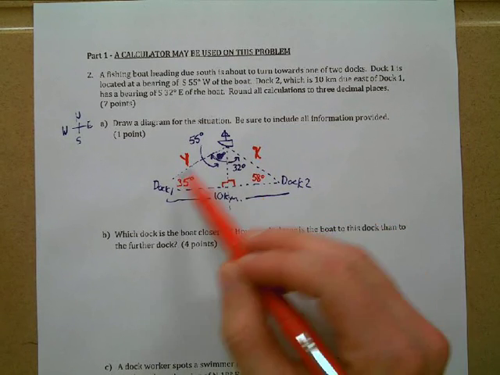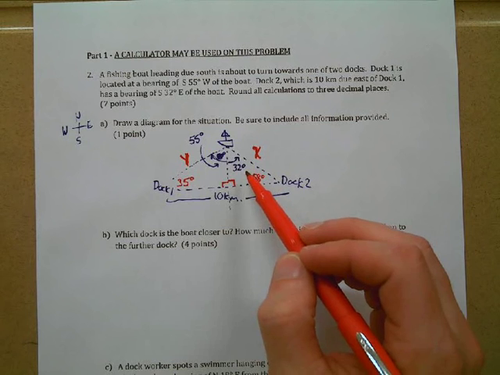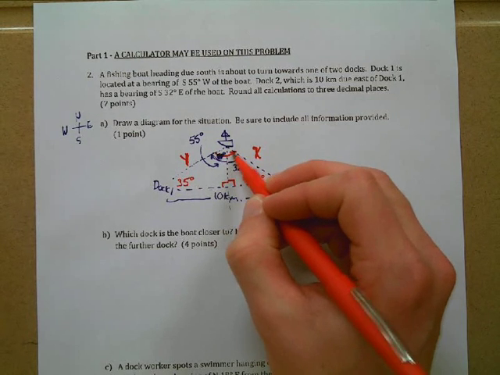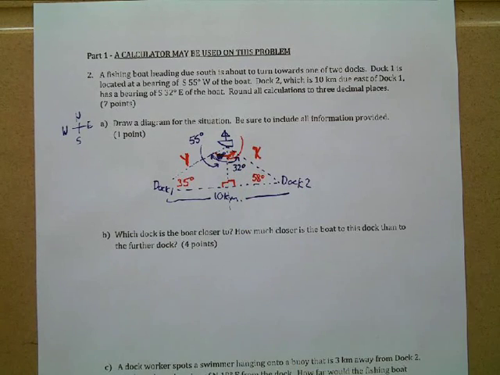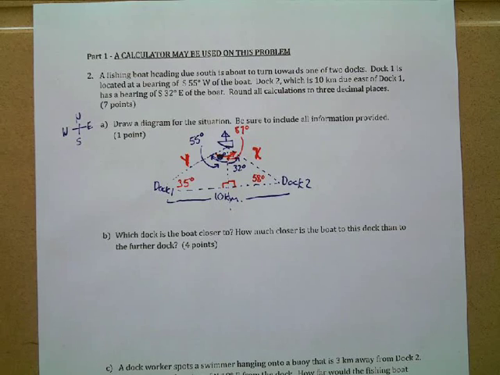Okay. And so now how might we be able to find those distances? What can we use here? Law of sines, that's right. Okay, so what would our setup be if we're going to use the law of sines here? Sine of what? 87? Yeah.